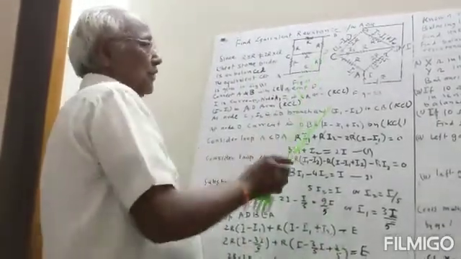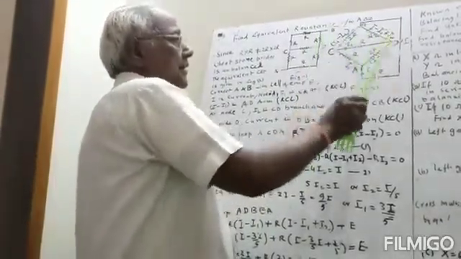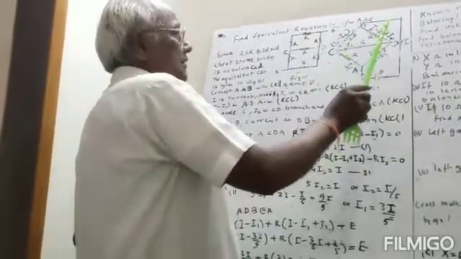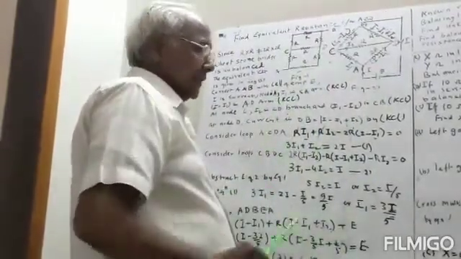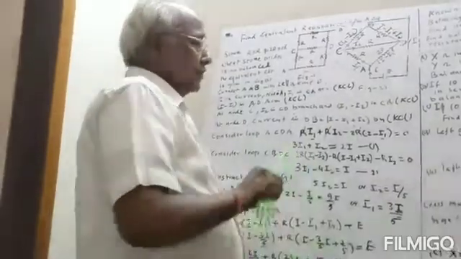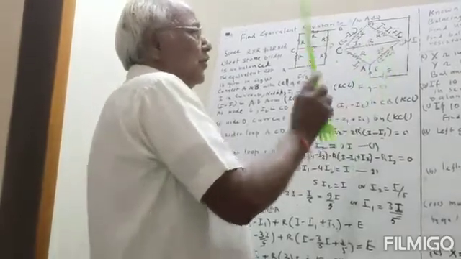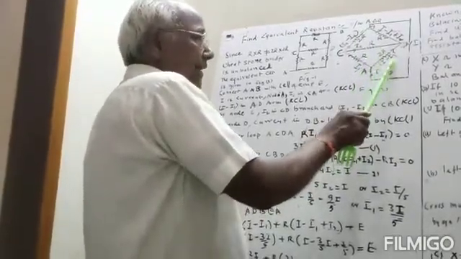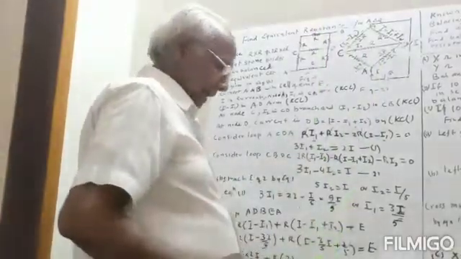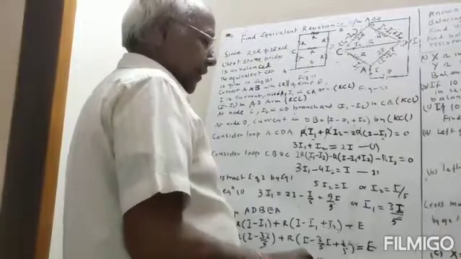We take three loops: one loop is A, C, D, another loop is C, B, E, and the third loop is A, B. Using Kirchhoff's voltage law, we first find I1 and I2 in terms of I, and in the third loop we put the values of I1 and I2 in the expression and find I in terms of E, and we get 7/5 into R equal to E/I.